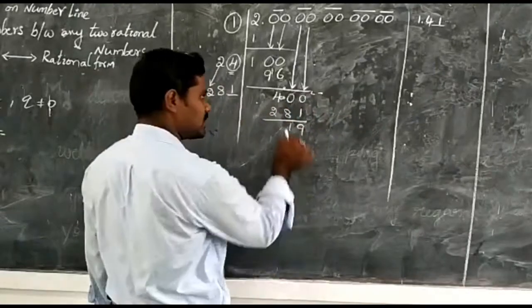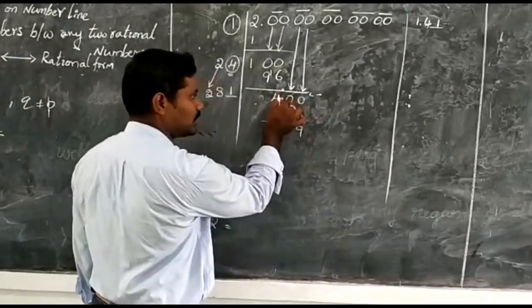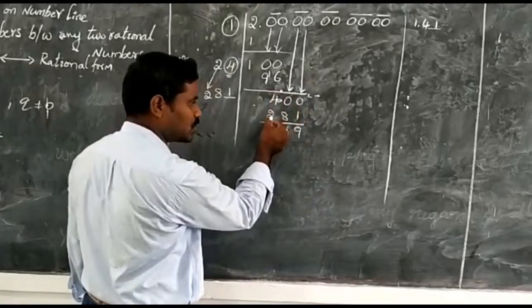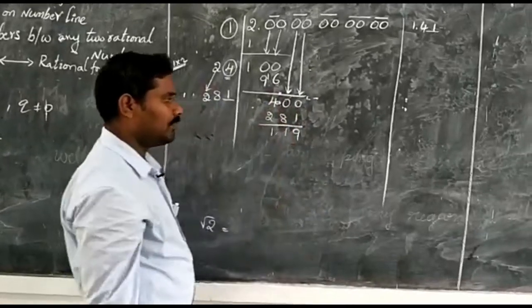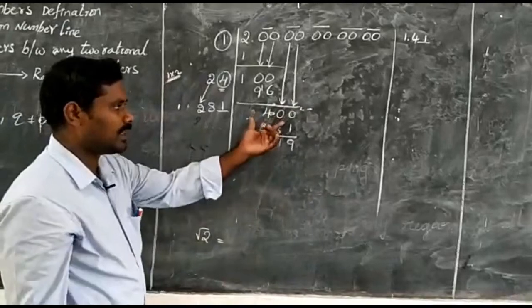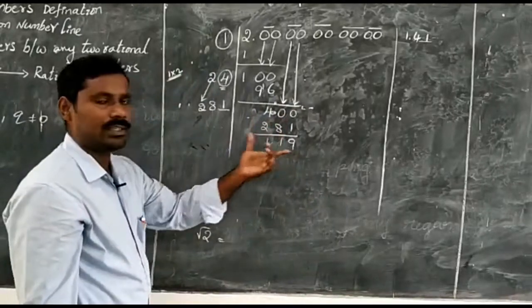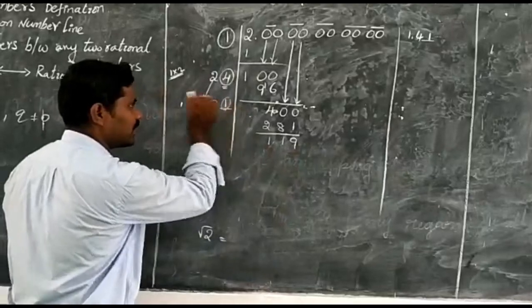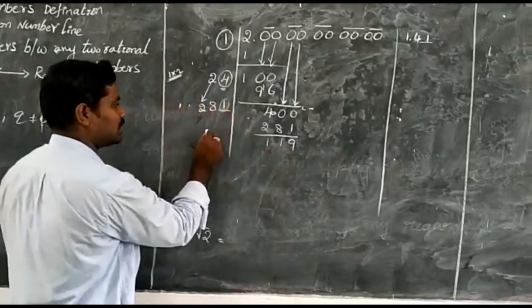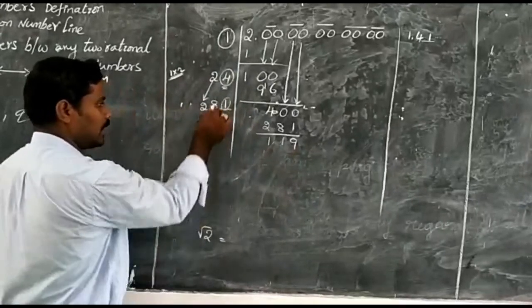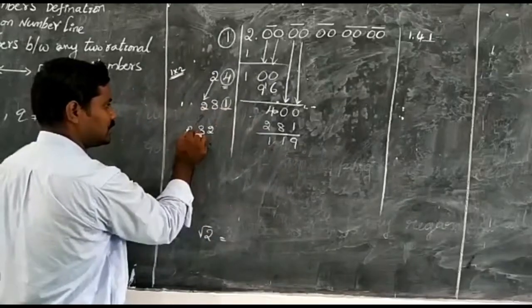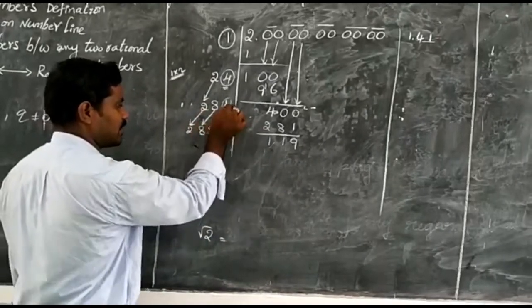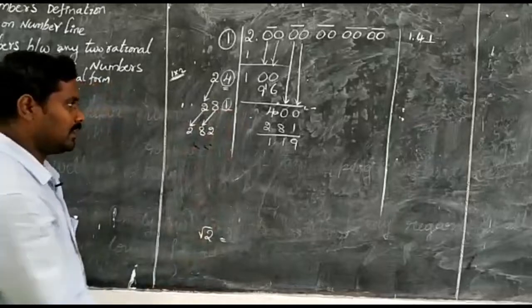Here already 1 is borrowed, then it is 3. 3 minus 2, 1. So 400 minus 281 is 119. Now again the same: the unit digit is 1, double it. 1 times 2 is 2, 8 2. These two numbers as they are, but the unit digit you double.